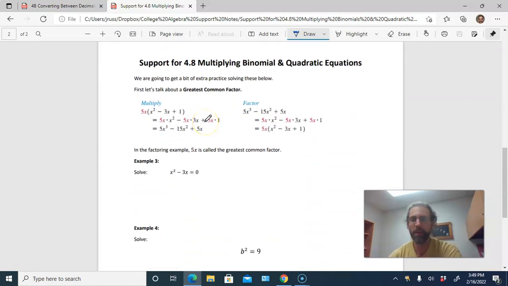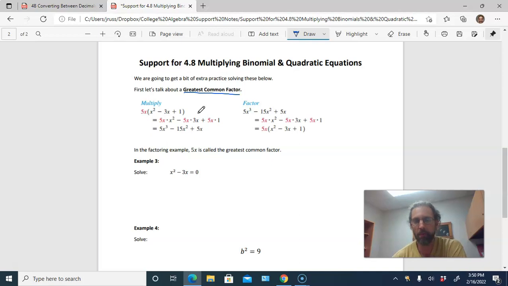All right, now one thing we haven't talked much about in this class is there's a way to factor, and it's called factoring out a greatest common factor. And so here's an example. Factoring is really the opposite of multiplying. So when you multiply two things together, you get a product. Well, if you take that product apart, what you have are the factors.